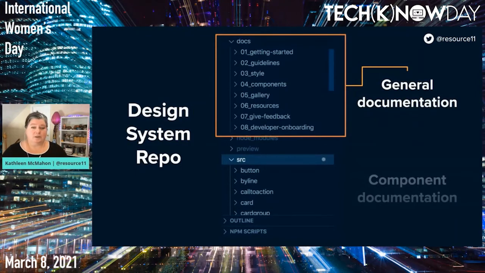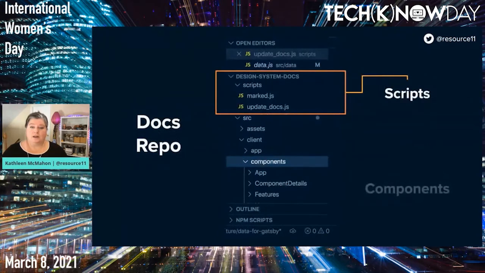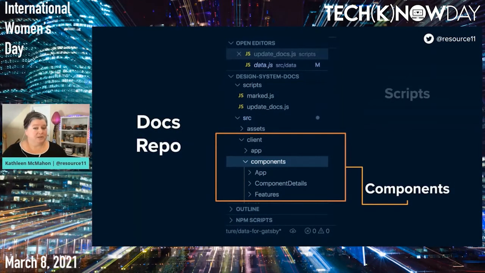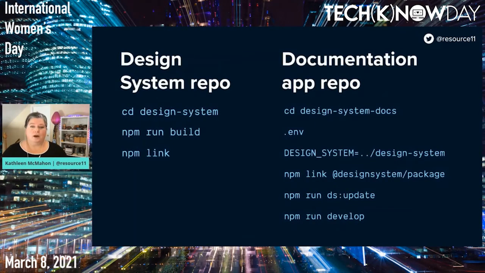In the design system repo, the documentation content was stored in 2 locations, while the docs repo held the site scaffolding and docs layout components. To get up and running, you had to follow a detailed series of steps to sync, run scripts, grab files, parse information, generate data, and render the docs into a React app. Phew.